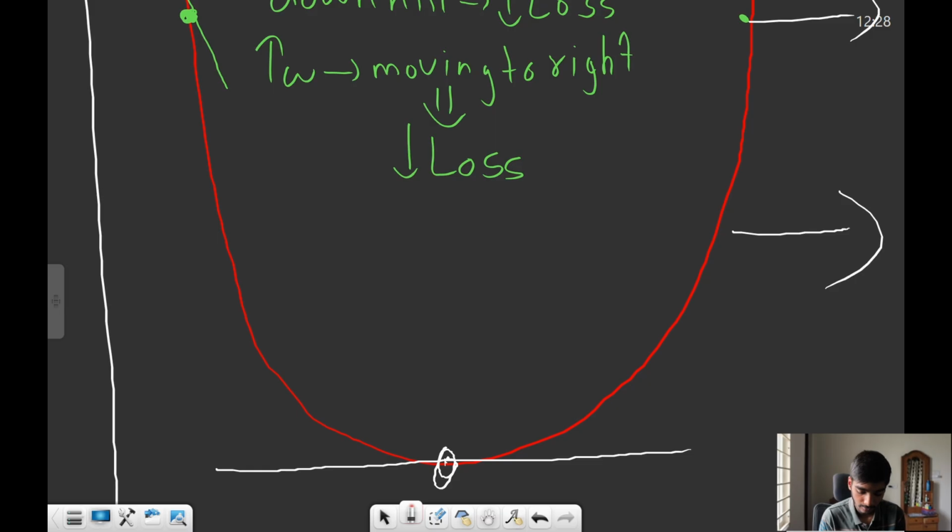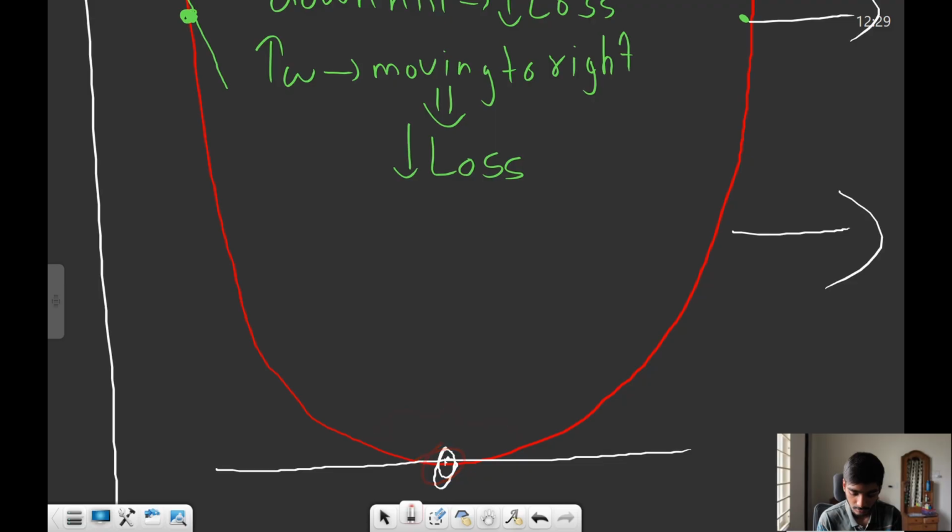Now, how big are these steps? For example, if you just chose a large number and jumped from here directly to here, you would miss the minimum value of the loss function. Or suppose you are here and the distance of each jump is this long. You jump here, then here, and then here. Still you miss the minimum loss function value.